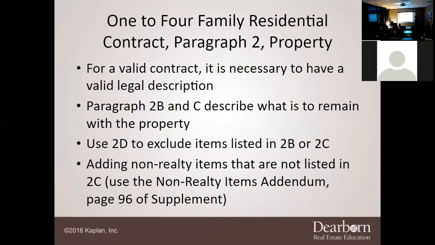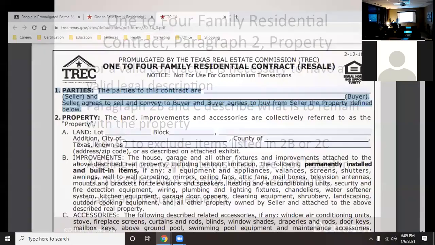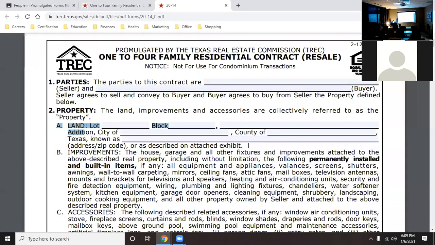That's your legal description. If you look at the contract itself, right here, this part, just A, deals with the legal description of the property. So you would put in lot whatever, block whatever, of subdivision, blah, blah, blah.